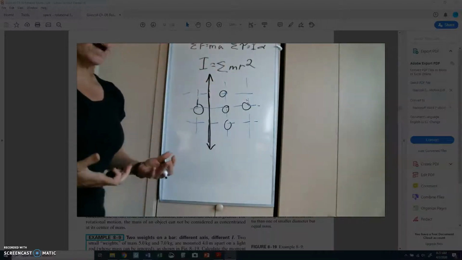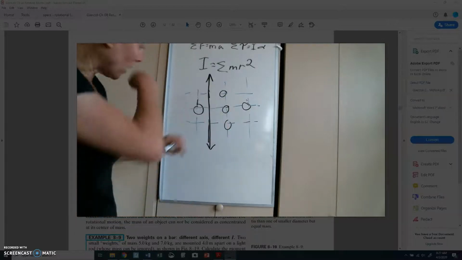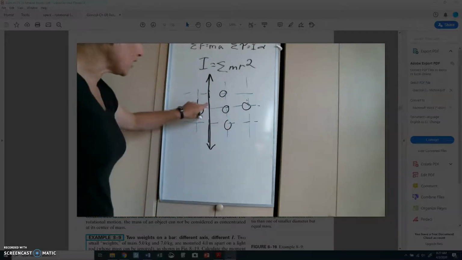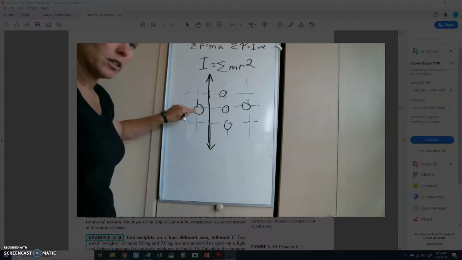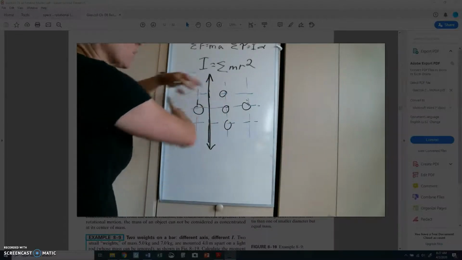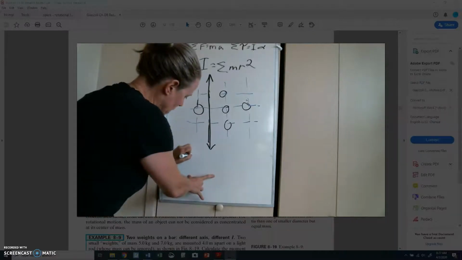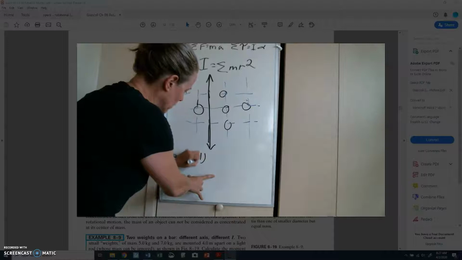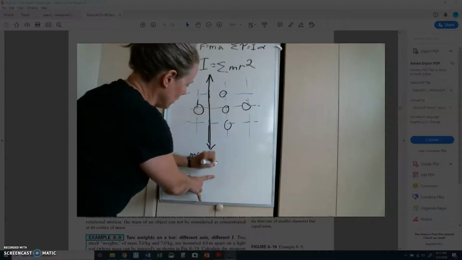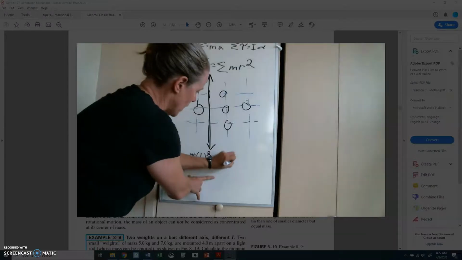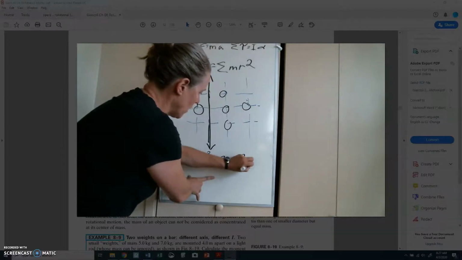What would my net or total rotational inertia be for this object? Just because it's on this side doesn't mean it's negative or counteracts the rotational inertia. We're still trying to move this around the axis of rotation. So this one would be the mass times 1 squared. Then I've got 3 of these that have that mass, also 1 squared away.